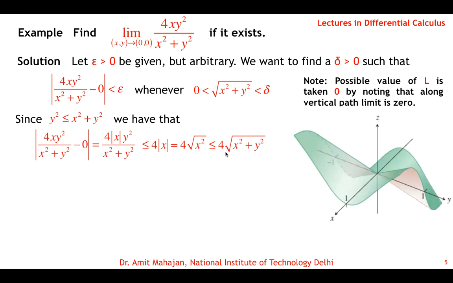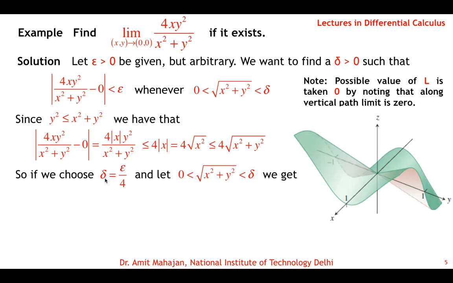So if I choose 4 delta to be epsilon, or delta to be epsilon by 4, then both these conditions will be automatically satisfied. So if we choose delta to be epsilon by 4 and let this be true, then this is less than epsilon by this inequality, because this will be less than 4 delta and delta is epsilon by 4.